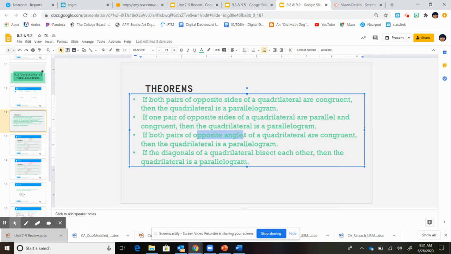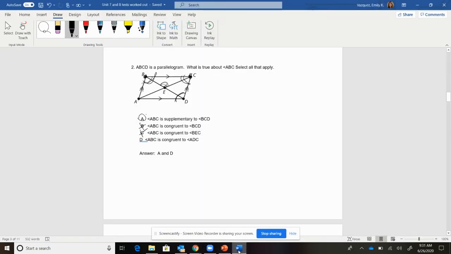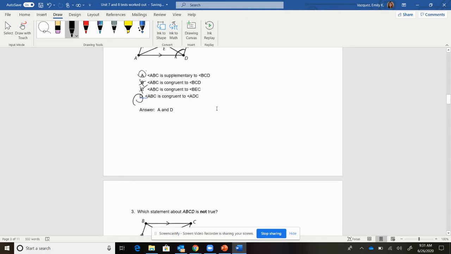I'm looking at opposite angles. If both pairs of opposite angles of a quadrilateral are congruent, then the quadrilateral is a parallelogram. So the opposite angles of a parallelogram are congruent. So B and D are opposite angles, therefore they are congruent as well. So A and D is the correct answer for that question.